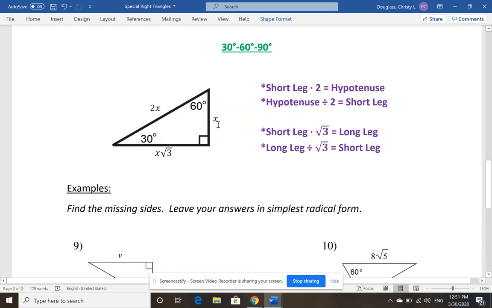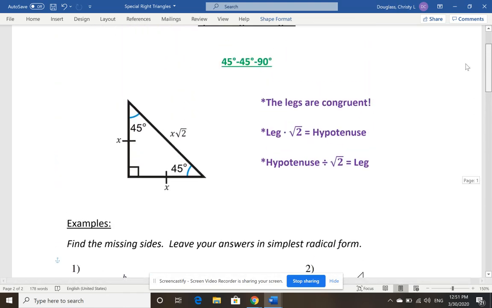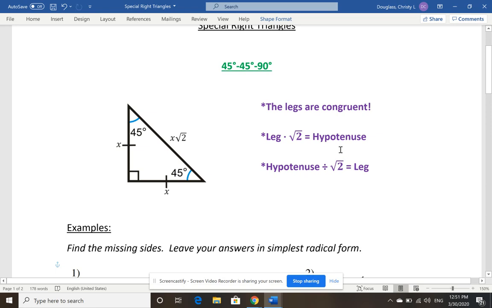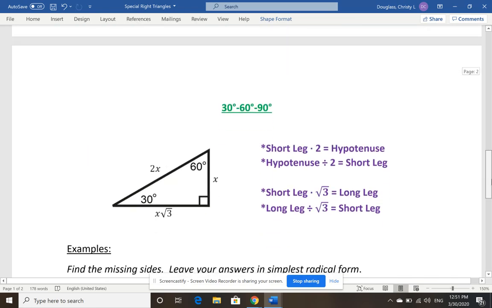If x is 5, then your long leg is 5 times the square root of 3. Now, it's very important to note that in a 30, 60, 90, the square root that you are working with is the square root of 3. In the 45, 45, 90, it was the square root of 2. So don't get that confused.